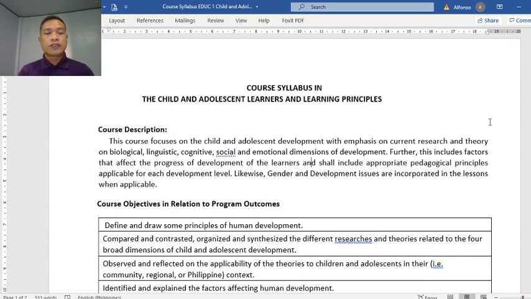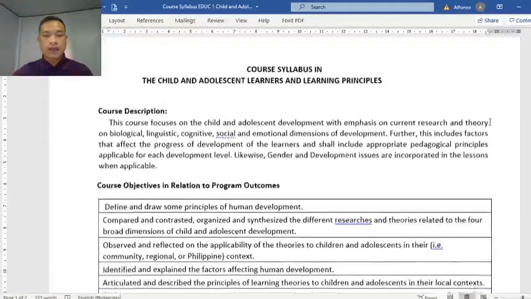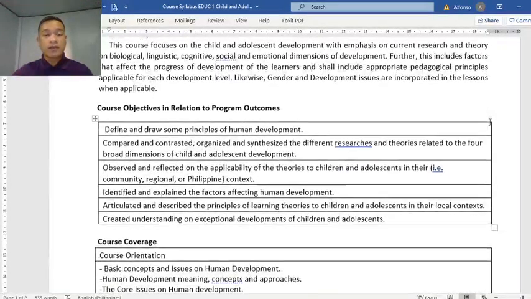And drawing from that course description, we have here several course objectives.